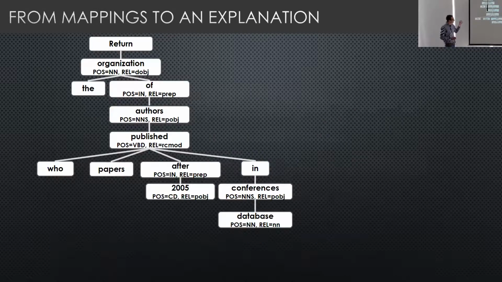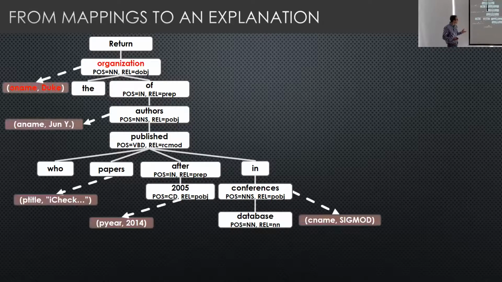Okay, so let's demonstrate the process of explanation generation first for a single assignment. So here's the dependency tree for the natural language query. As you can see, there's a node for each word in the natural language query. And below some of the words, there's semantic information about their role in the sentence. So now let's consider the mappings that we get from Nalir and the assignment itself.